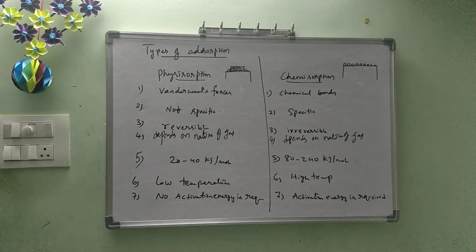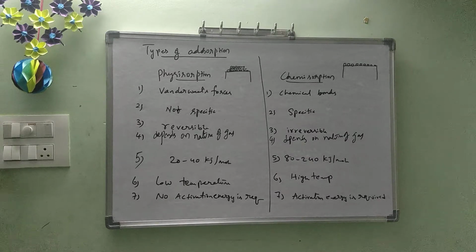Next, eighth point, it depends on the surface area. Physisorption increases with increase in surface area. Even chemisorption increases with increase in surface area. The surface area concept we can use even in our homes. We will not put tomatoes or brinjals into the curry directly without cutting.